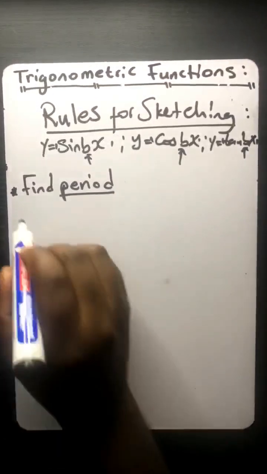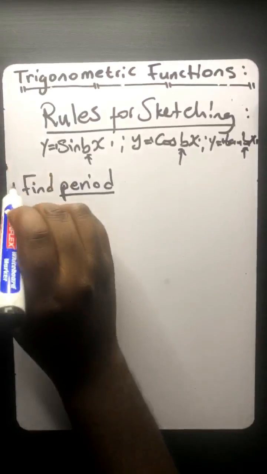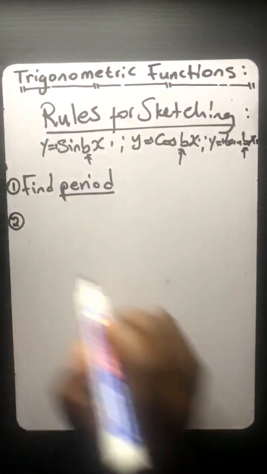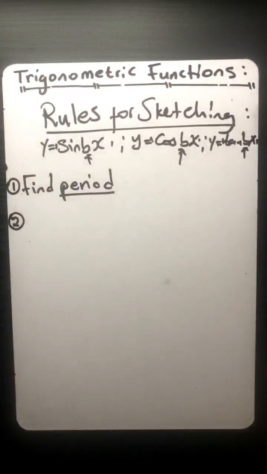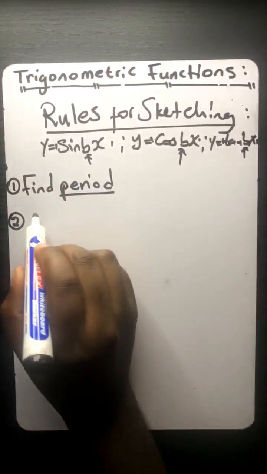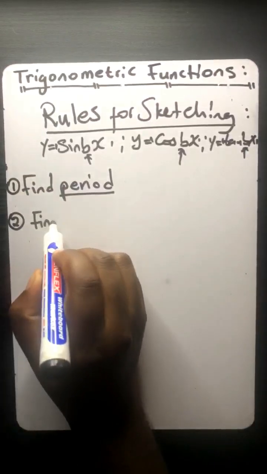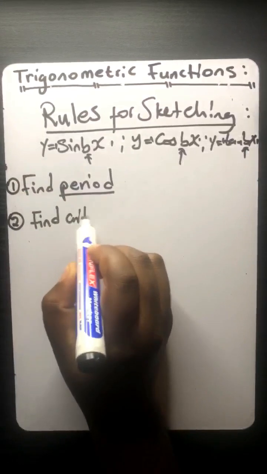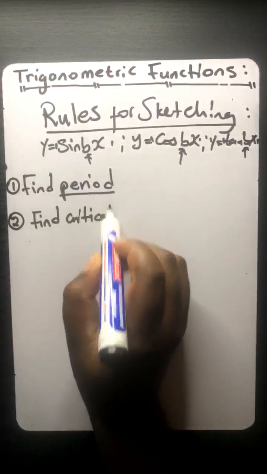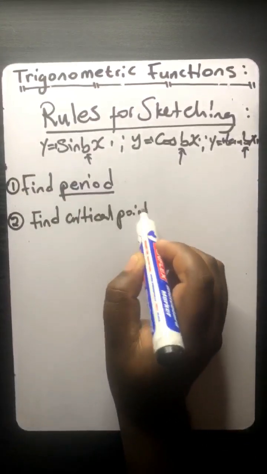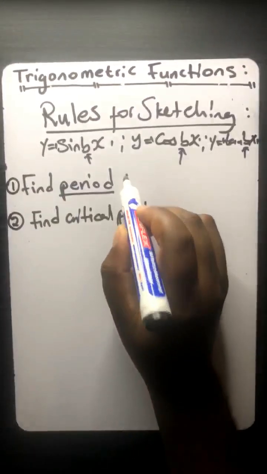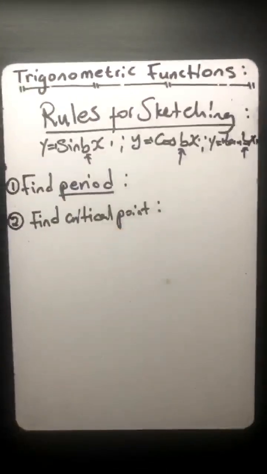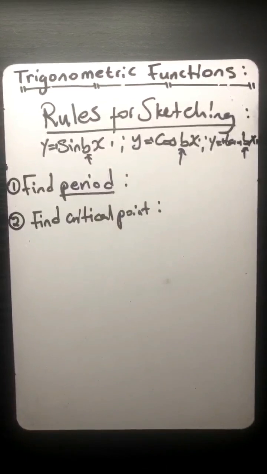Let me keep it simple and say this is step number 1. And then step number 2, you find what we call critical points. You will be surprised if I tell you that I did not know all of this when I was in high school, but I just knew how to work around it.